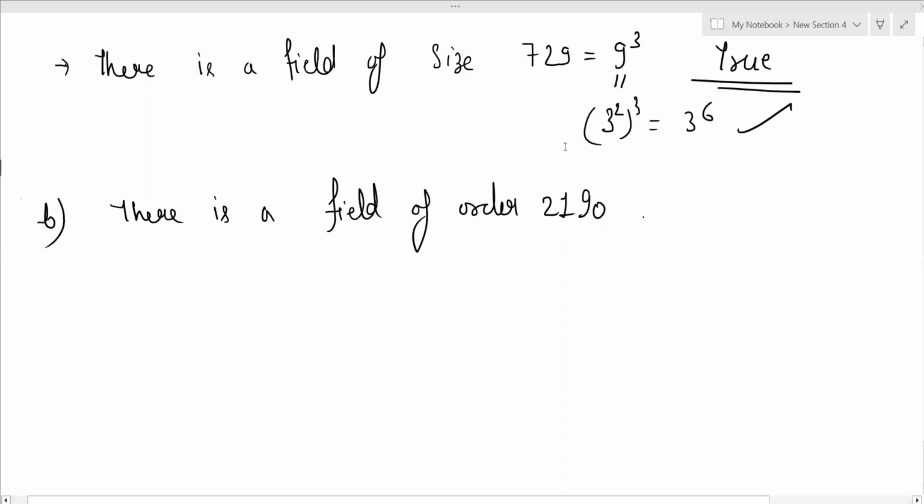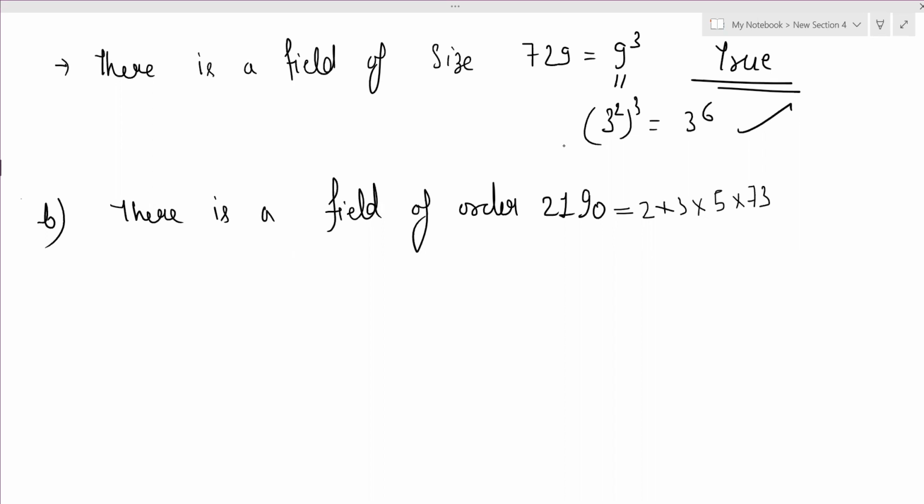What is its prime factorization? 3 and 2 are factors, so you cannot express it as a prime power. It is 2 into 3 into 5 into 73. Let me check. Yes, it is correct. 73 is prime.